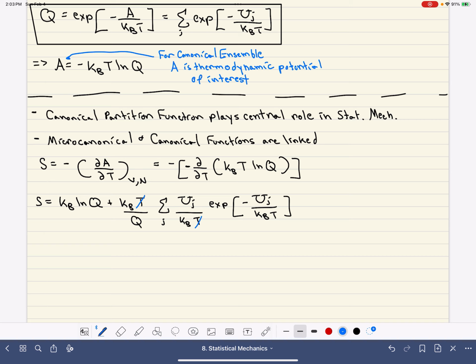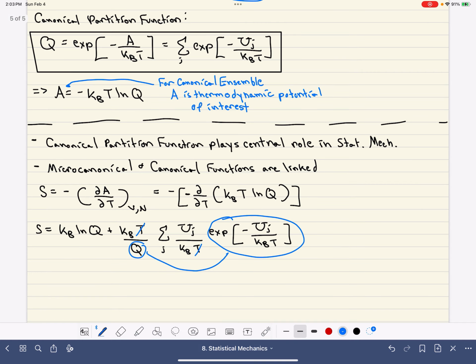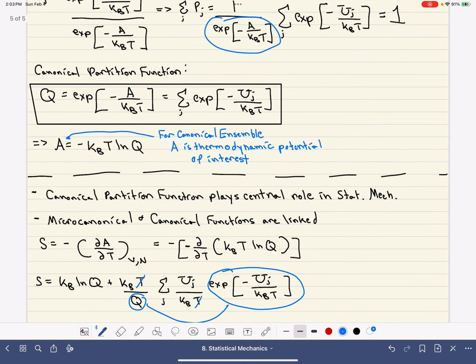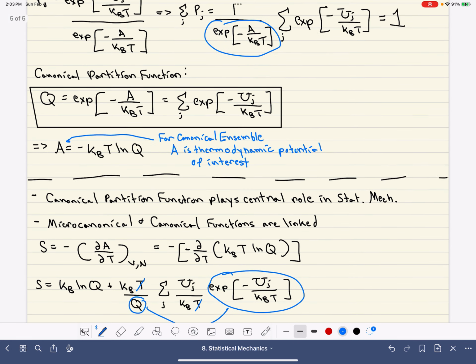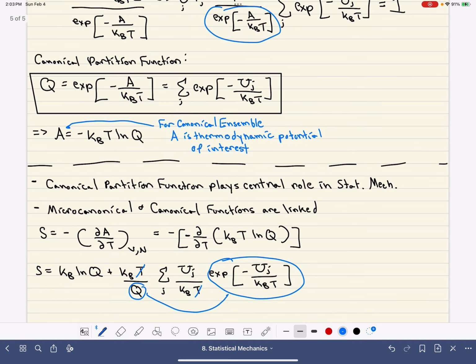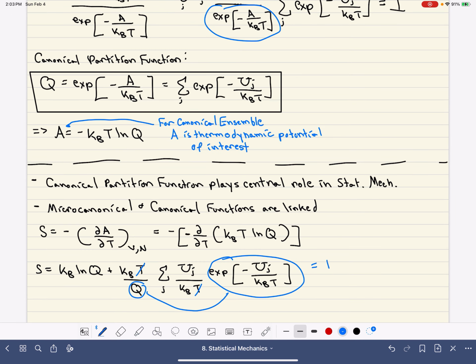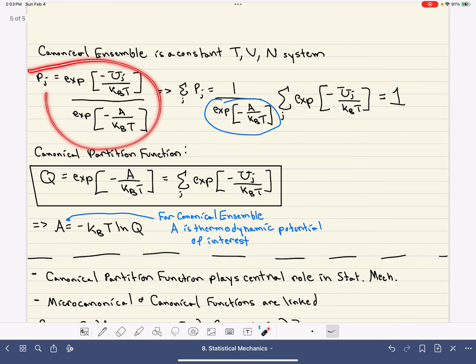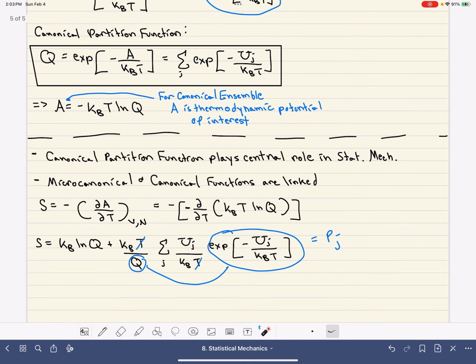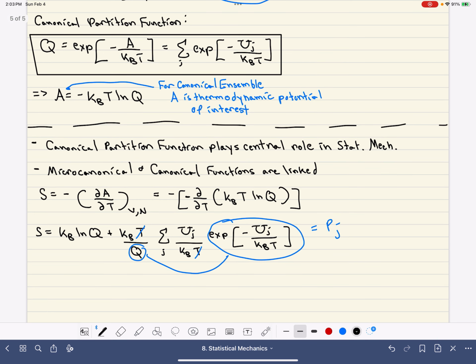And then here, if we bring back the Q and put it underneath here, so if I link these two things together, and we know that by definition it's P sub J, right? That's what we have up here. Okay, so we have entropy.